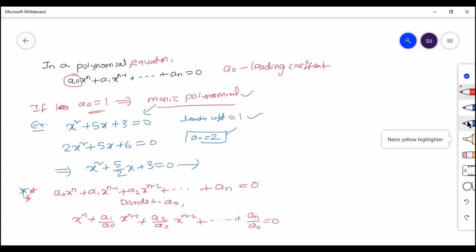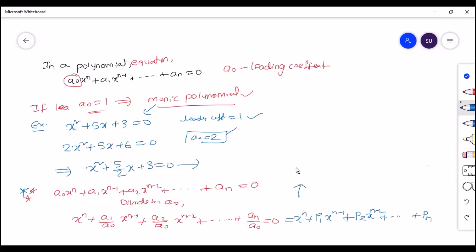Now let us equate this equation. Consider a1 by a0 as p1, a2 by a0 as p2, and so on, up to pn.